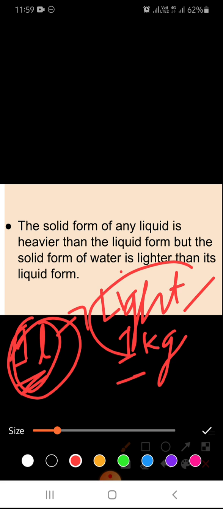When you freeze that 1 liter of water, it becomes ice and weighs lighter. So we can say that the solid form of water is lighter than its liquid form, whereas in other liquids it is the opposite.